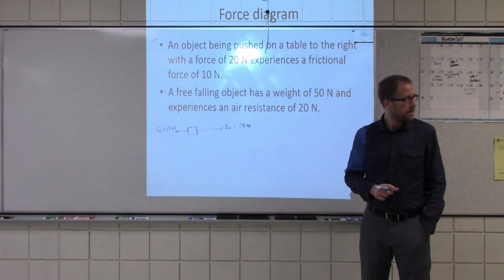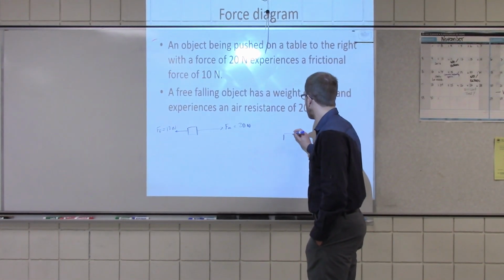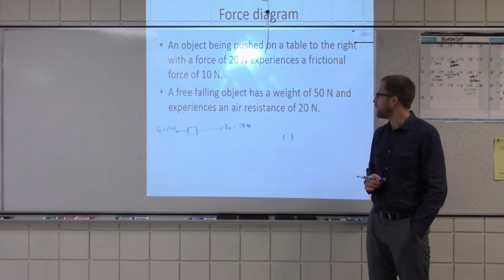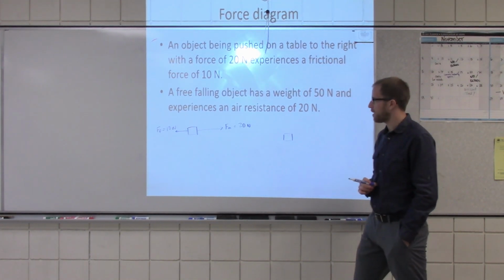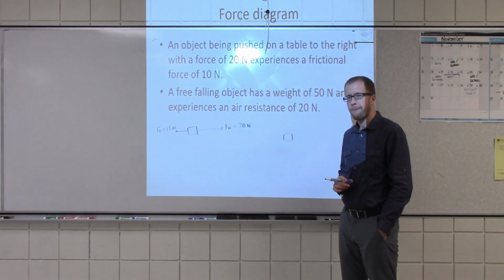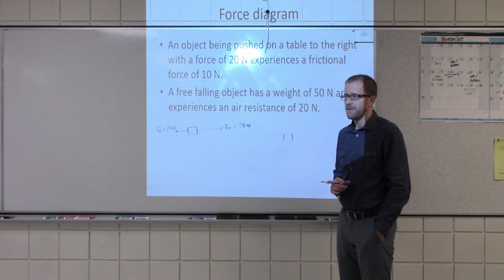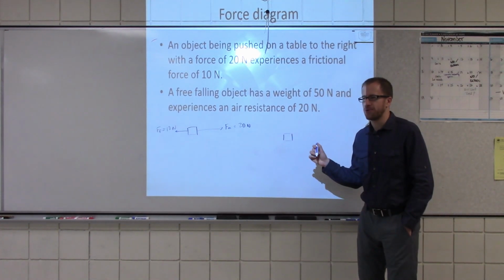Now, the second example, we have a free-falling object with a weight of 50 newtons. It experiences an air resistance of 20 newtons. So which way am I going to draw the arrows on this one? So weight is always which direction?